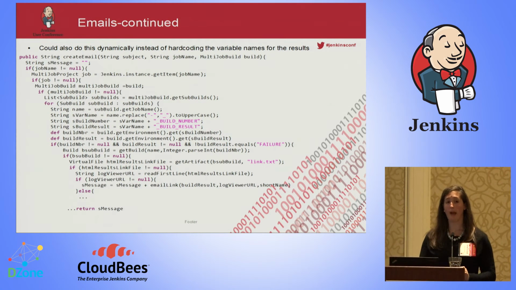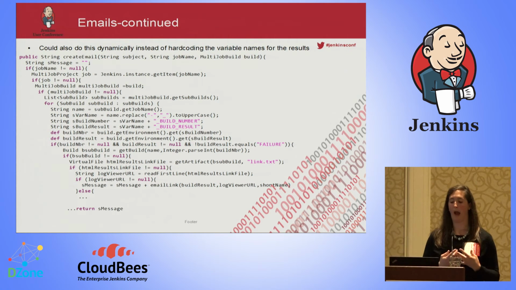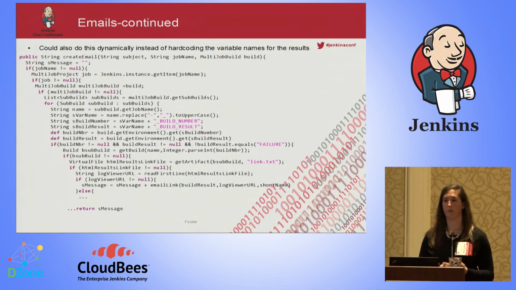So what you can do is in the build section, so forget the email ext script, in the build section of your job, you can essentially, with Groovy system scripts, you can create the email. So with Groovy, because it's running in the Jenkins JVM, you can ask it, what downstream jobs did you trigger? And get a list of the names.